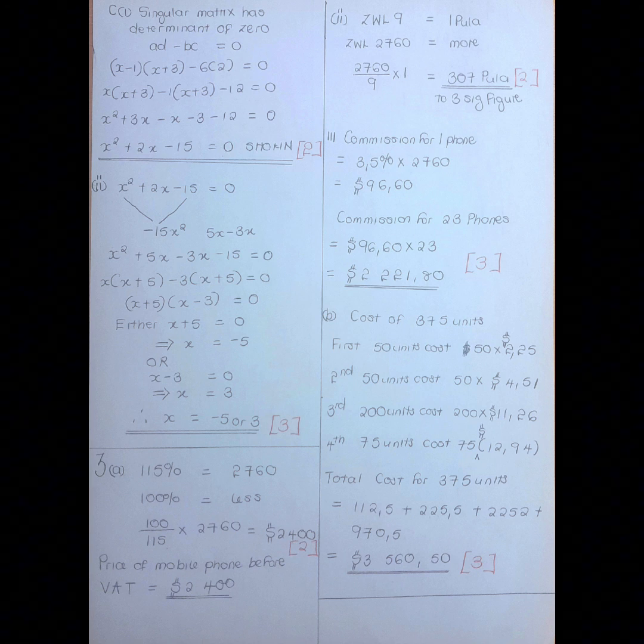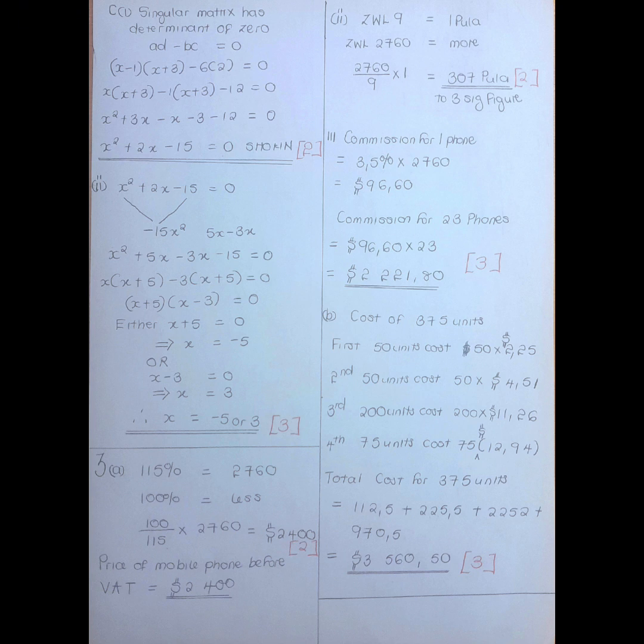And then number 3 was a question on consumer arithmetic. The selling price of a certain model of mobile phone is 2,760, including value added tax of 15%. So calculate the price of the mobile phone excluding value added tax. We are going to consider the original price before we add the VAT as 100%.